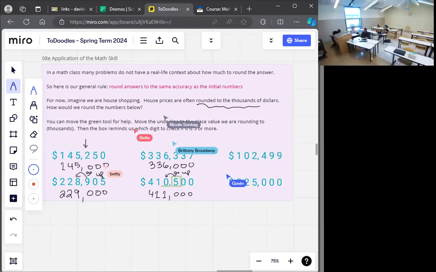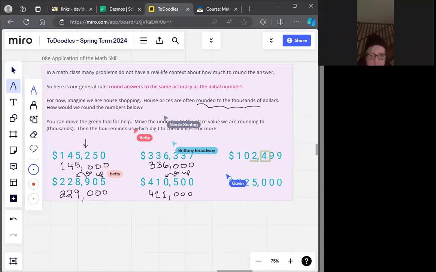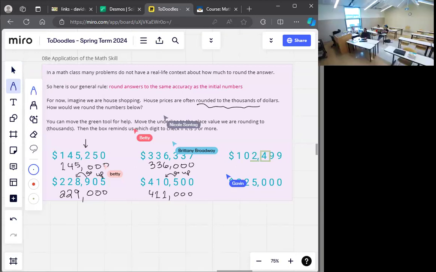Okay, now we do this one. This is another argument. You could argue 2 different ways and they both kind of make sense. You could say this 4 is small, 5 or more, so the 2 stays the same. Or you could say, wait a minute, this 9 could make the 4 into a 5, and then the 5 could make the 2 into a 3 in a chain reaction.